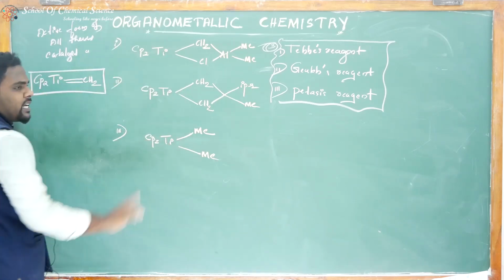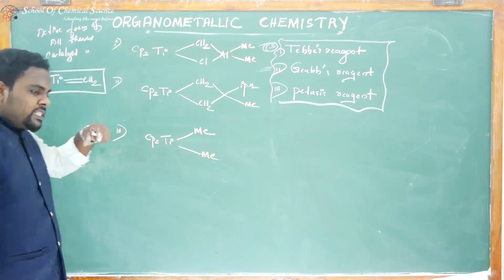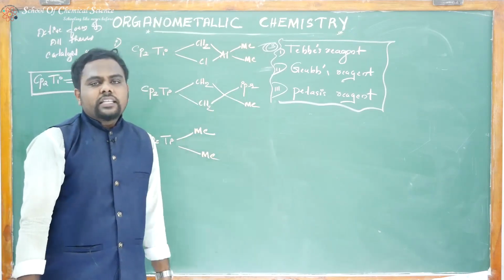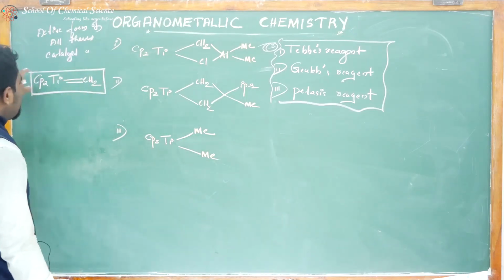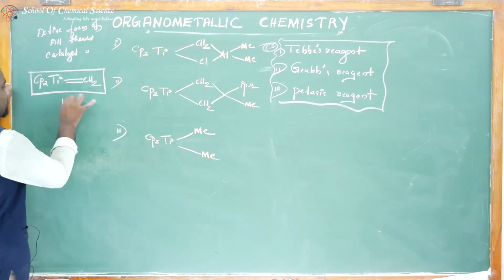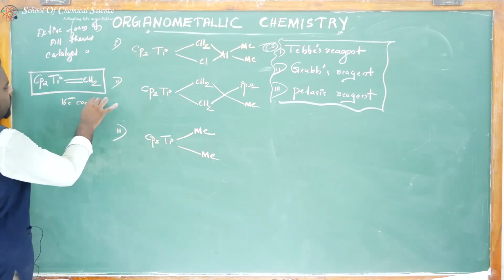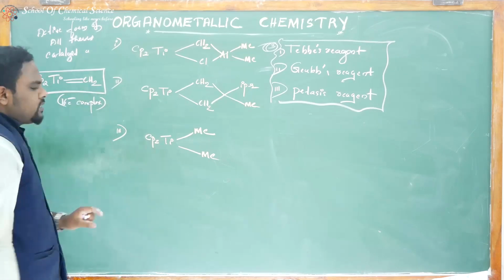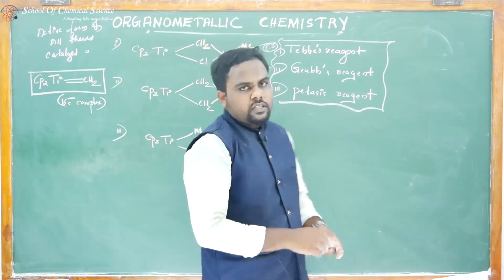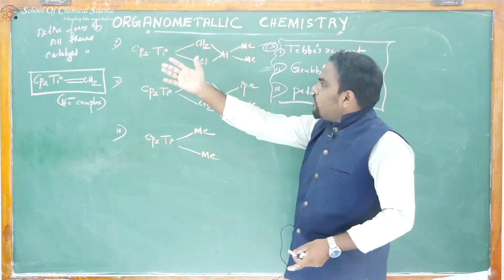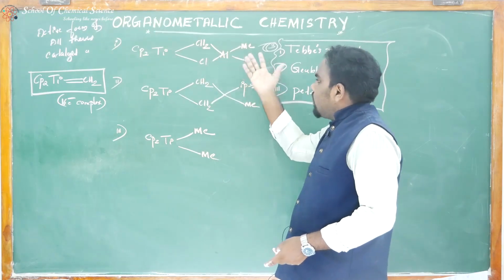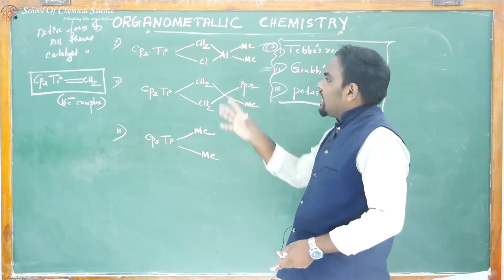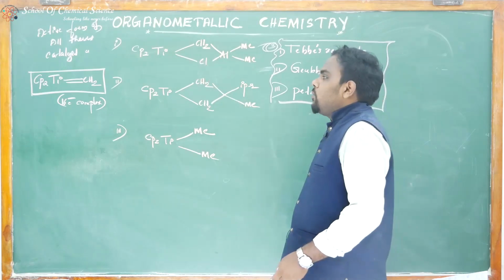This is the basic structure of the catalyst. That catalyst will convert into the active catalyst during the reaction. This is the active catalyst and this is a 16 electron complex. You know all catalytic species are 16 electron species. So your active form of Grubbs or Tebbe's or Petasis catalyst is Cp2Ti=CH2.